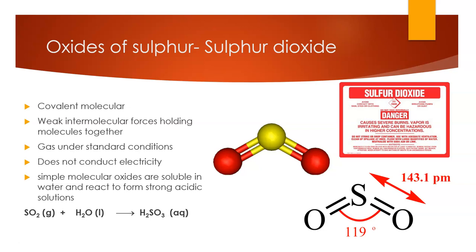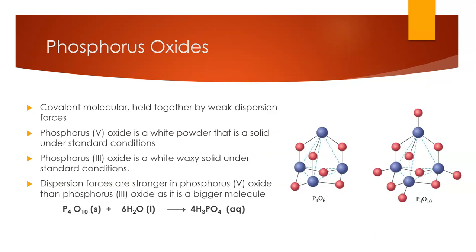This, however, is soluble in water and again is one of the contributing gases from our SOx and NOx gases that contribute to acid deposition. Okay, so SO2 will react vigorously with water to form H2SO3, which is acidic.